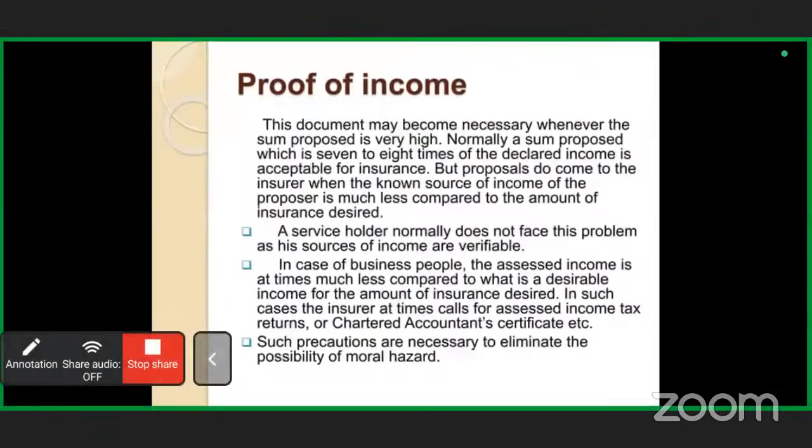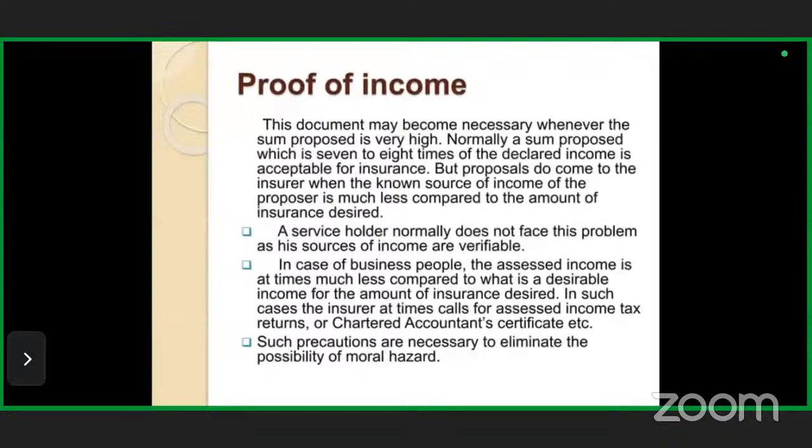Coming to the proof of income, this document may become necessary whenever the sum proposed is very high. Your income is annually 1 lakh, but you are going for a proposal of 1 crore. Not possible. So when you are going for high sum assured premiums, then this document is required.